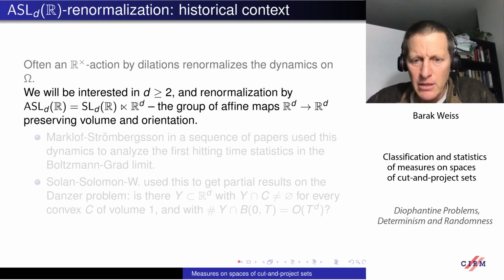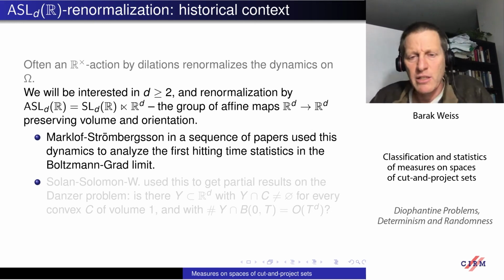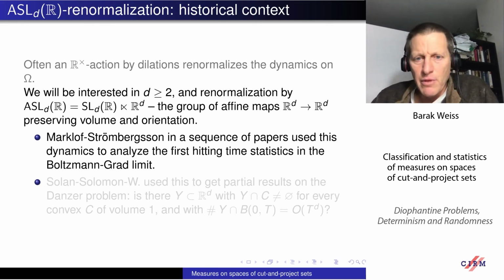And you can use this group to renormalize the space of closed subsets. Obviously, this group acts on R^d, so it acts on closed subsets of R^d. And if you understand the dynamics of this group, you're going to be able to understand individual point sets, and the geometry and the R^d action on these tiling spaces.